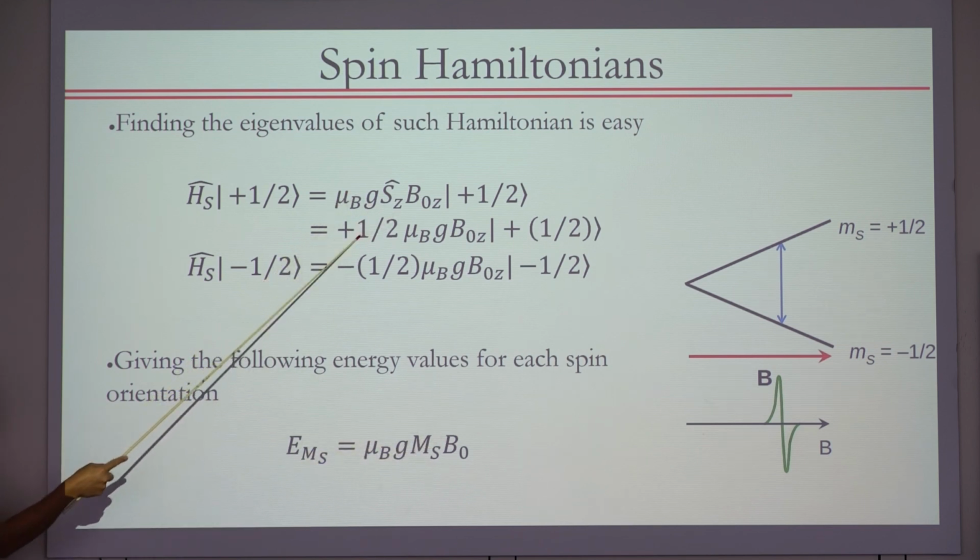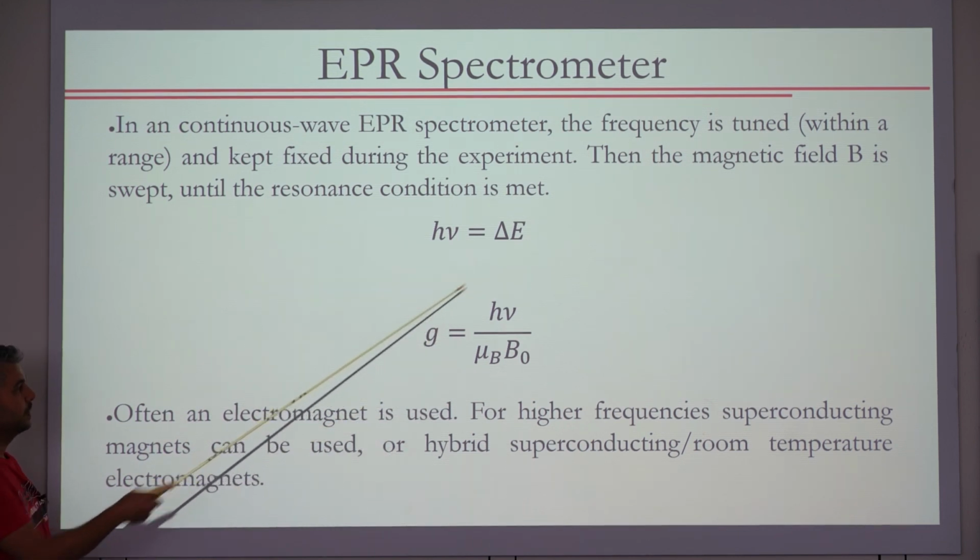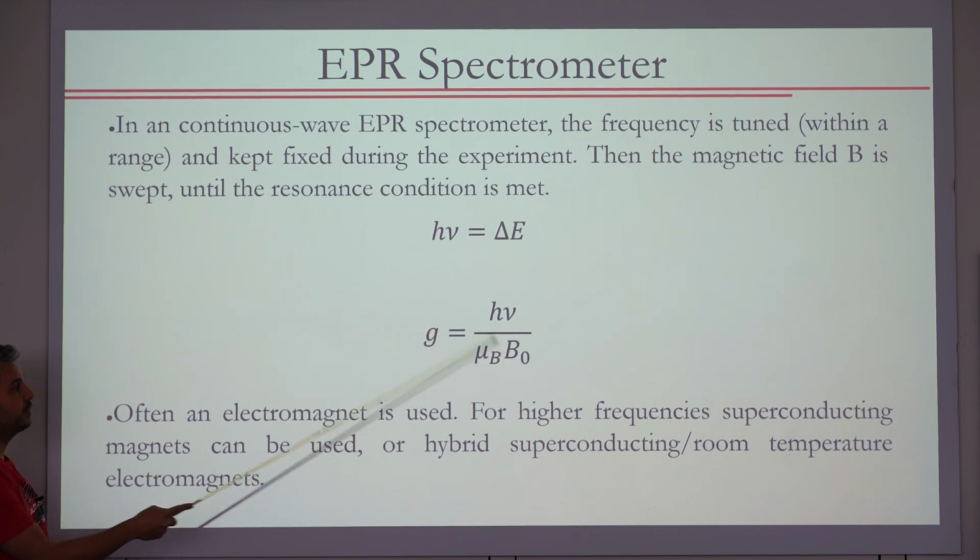So ms can be plus 1/2 or minus 1/2. I think I mixed two slides. But okay, if I take the difference, I get the energy difference is g times mu B times B0. So this gives me again the resonance condition that I mentioned before.